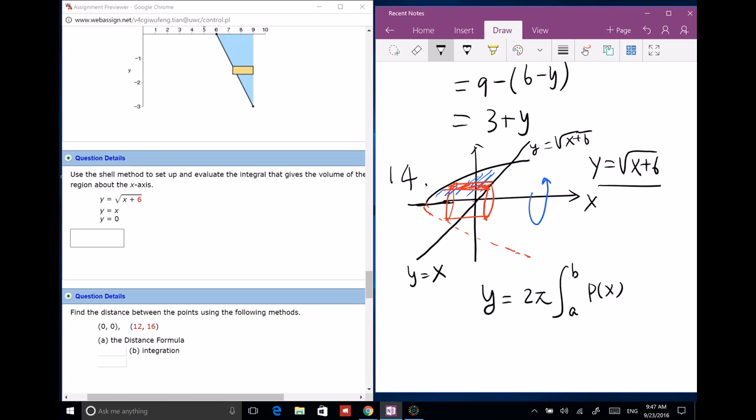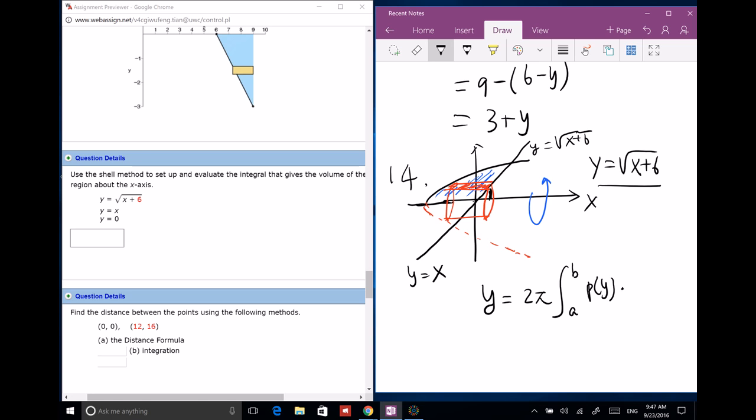Here we can tell it is with respect to y, so the r is still y. We can see from the cylinder here that the radius is y.